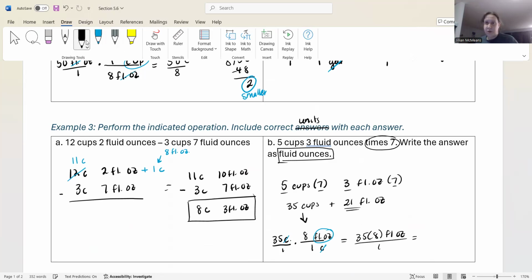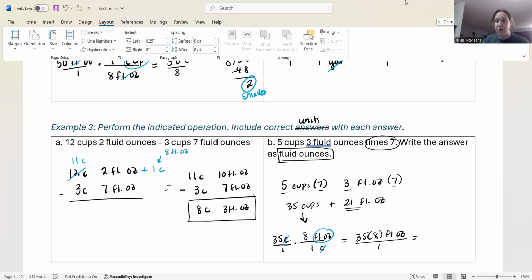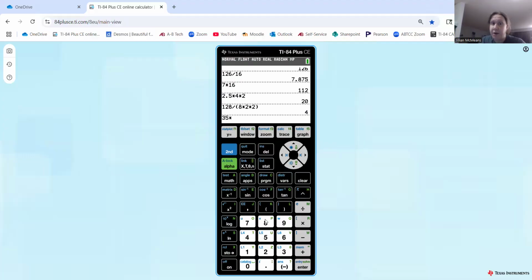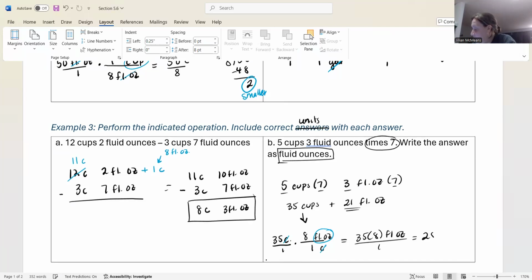We could certainly do that by hand, that wouldn't be that hard, but we can also jump over to the calculator. So we want to multiply 35 times 8. We're going to let the calculator do our side work. So 35 times 8 is 280.